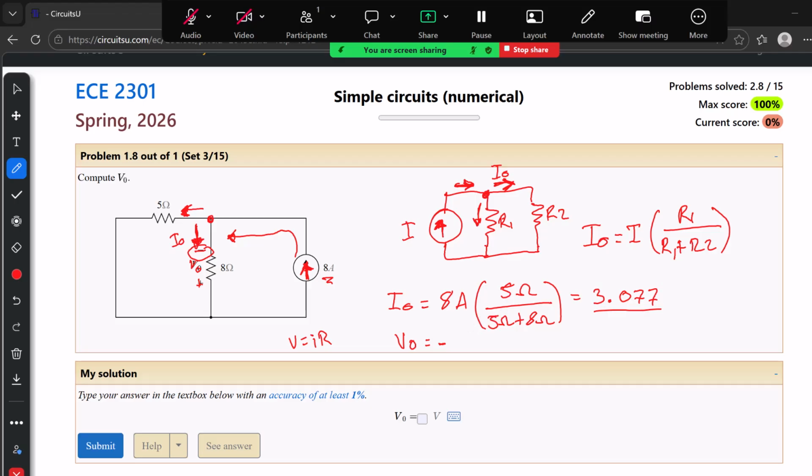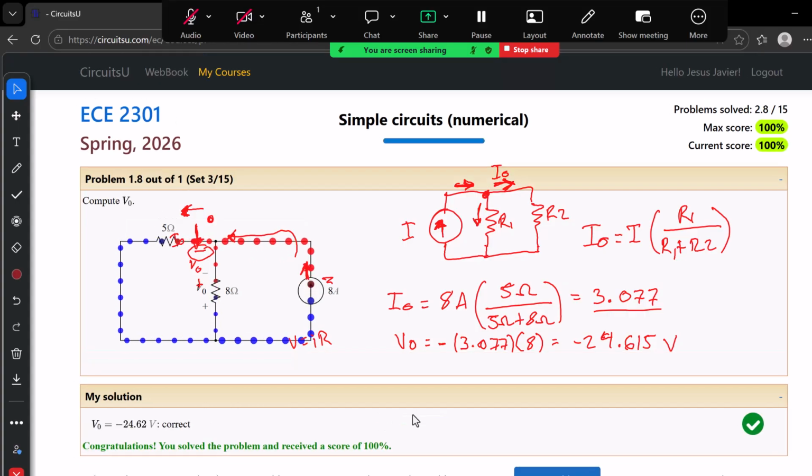So it's going to be equal to the current, which is 3.077 times 8. When we do that, we get minus 24.615 volts. So now we are ready to put in our answer, minus 24.615. We submit, and then we get the correct answer.